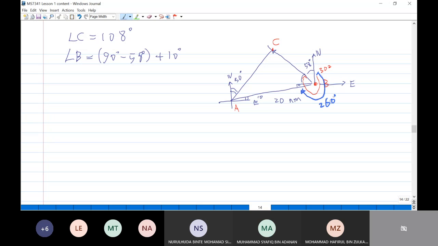So you can find angle B: 90 minus 58, then you get a small angle, 10 plus another 10 degrees. Calculate here: 90 minus 58 is 32, plus 10, you get 42.